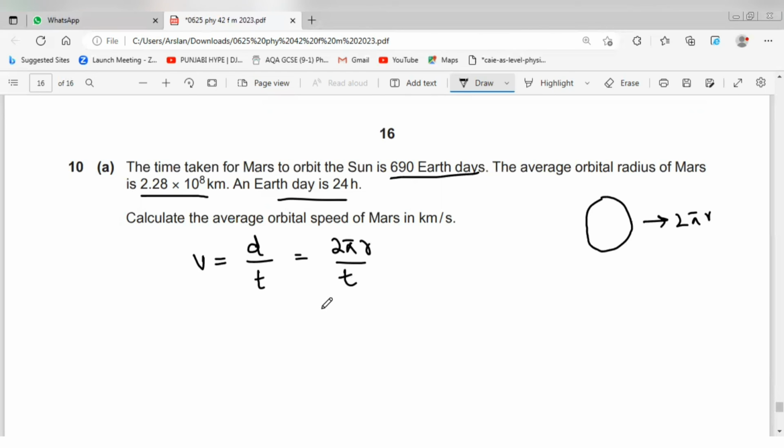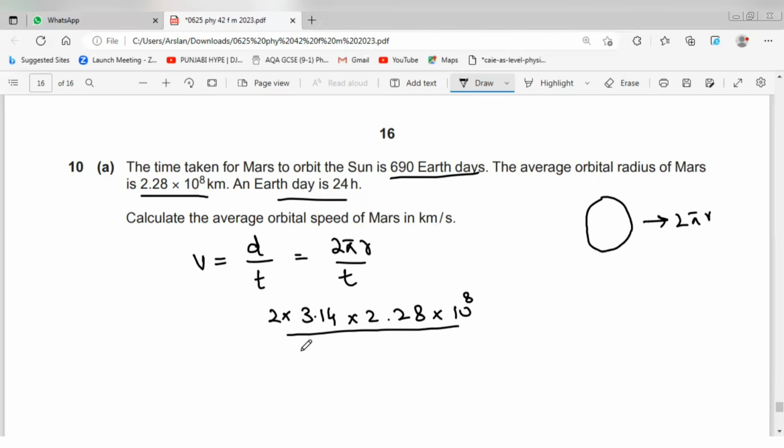By putting in the values, 2 multiplied by pi, which is 3.14, and the radius 2.28 times 10 power 8, divided by the total time. The total time is 690 days. You will convert it into seconds.